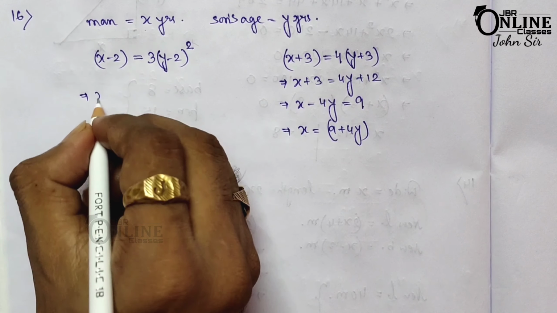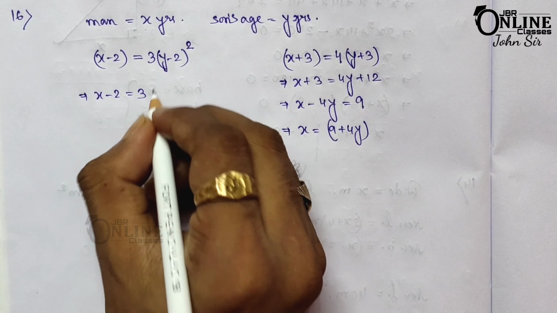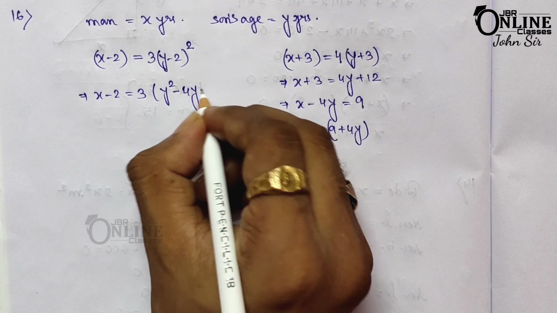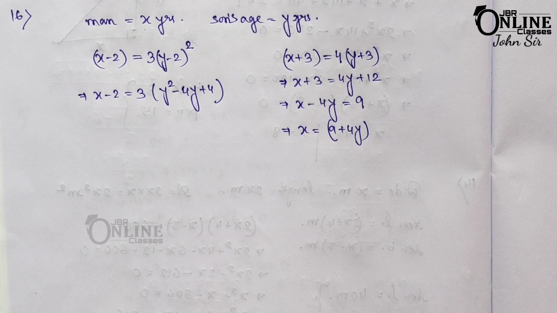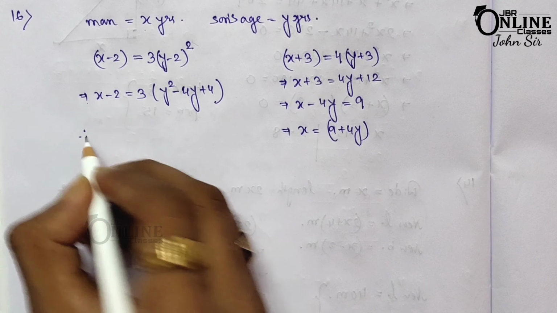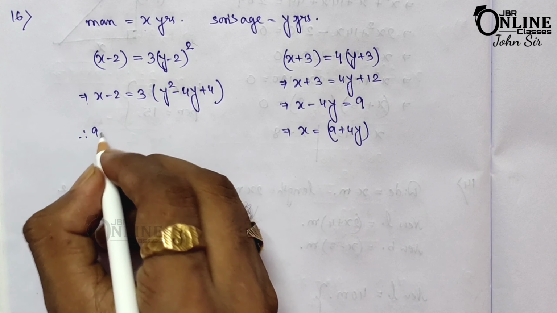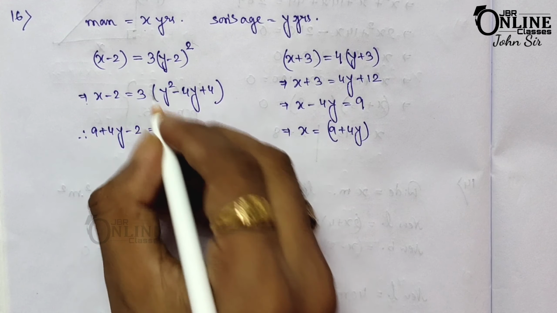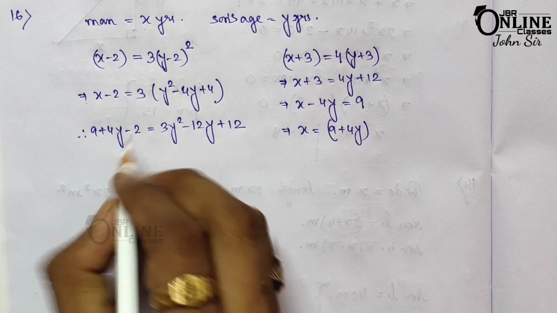Now from the first equation, x minus 2 equals 3 into (y square minus 4y plus 4). As the value of x equals 9 plus 4y, you can substitute the value here. So 9 plus 4y minus 2 equals 3y square minus 12y plus 12.